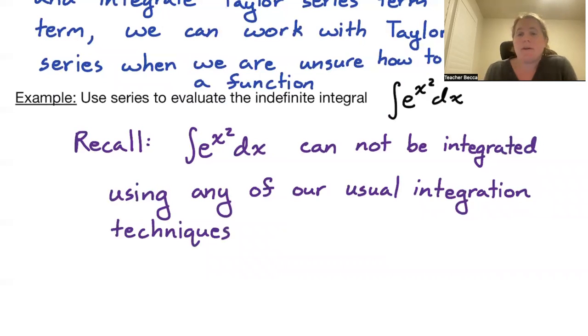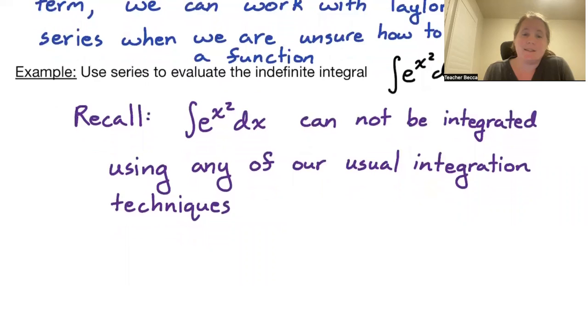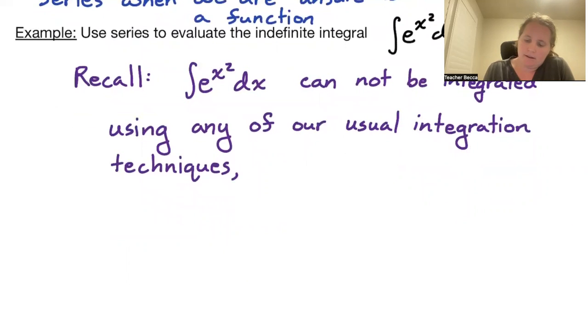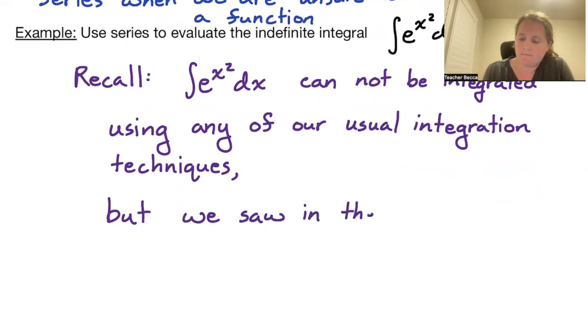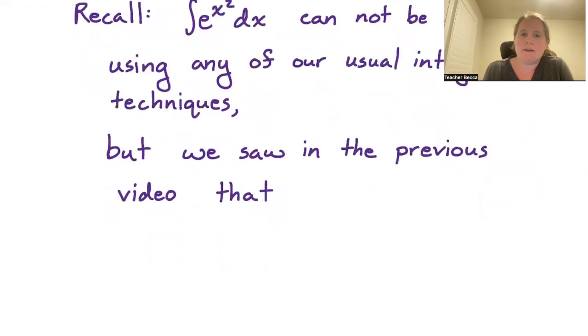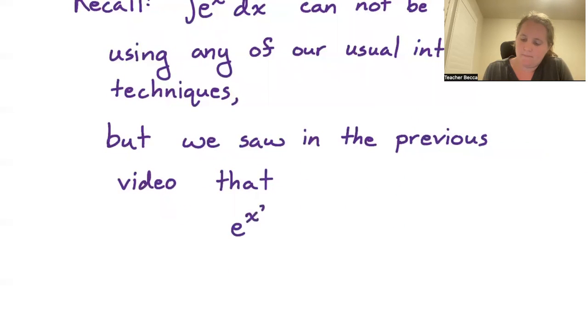However, we do know how to express e to the x squared as a series, right? We saw in the previous video that e to the x squared is equal to the sum from n equals 0 to infinity of x to the 2n over n factorial.